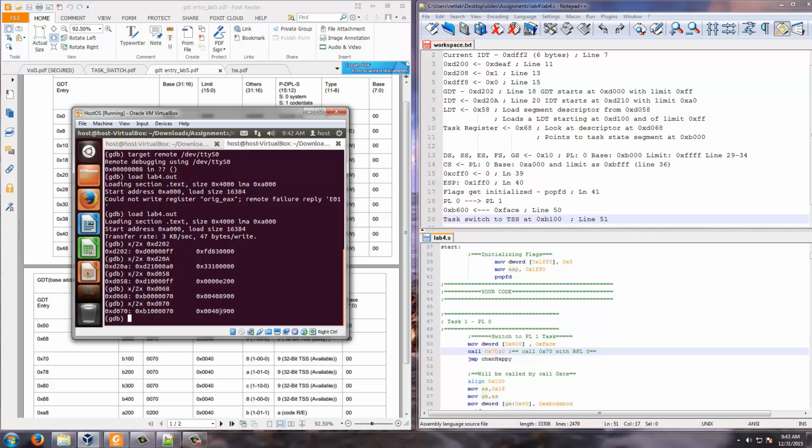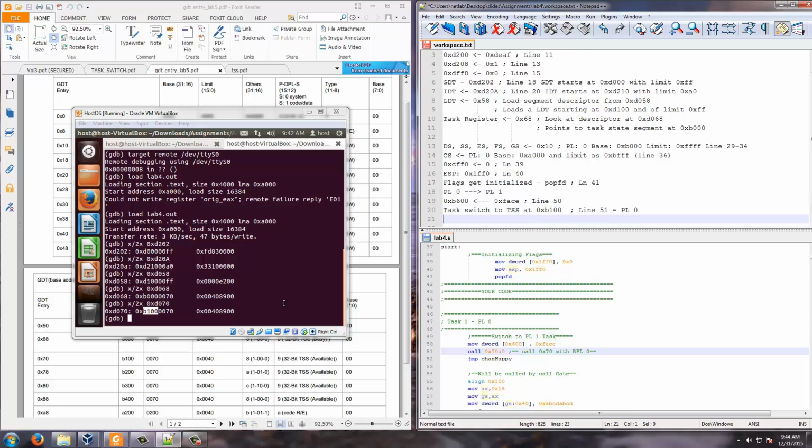D070 has B100 as the base, and it is privilege 0, PL0. Essentially, privilege 0 code can call this, and it points to a task state segment starting at B100.